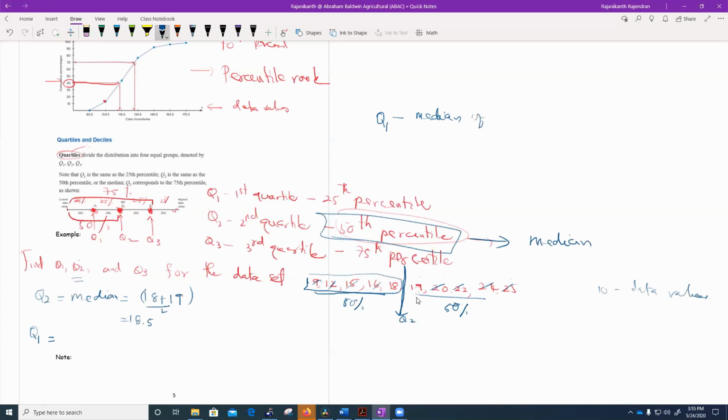The median of the first half of the set. So 15 is going to be my Q1, right? The midpoint of the first half. In a similar way, the midpoint of the second half. So this is my second half of the data set, and this is my first half.